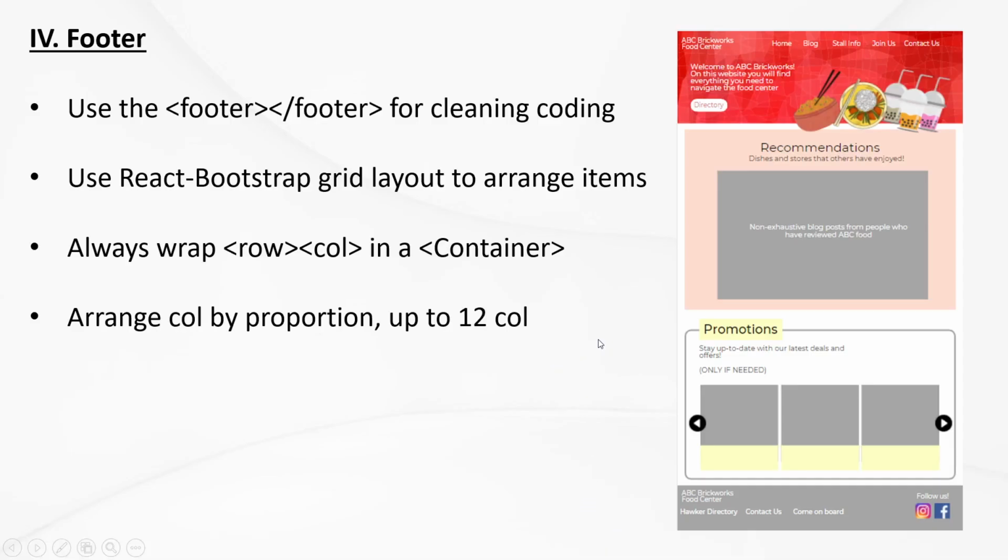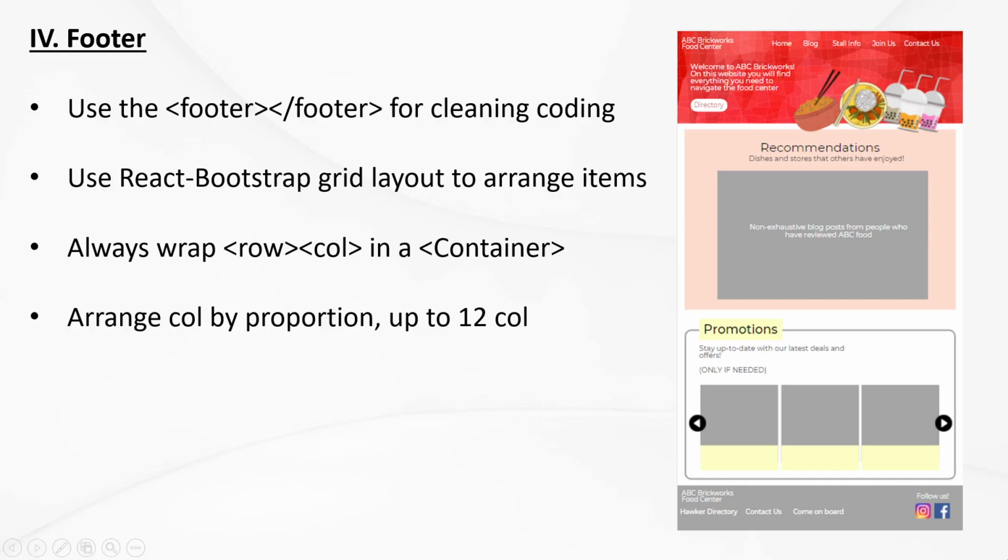And if you notice in the footer, it is clearly structured such that the follow us with its icon is on the right, and on the left you have the foot center name and a bunch of links. So to structure it in such a way, you could imagine an invisible table with two columns.